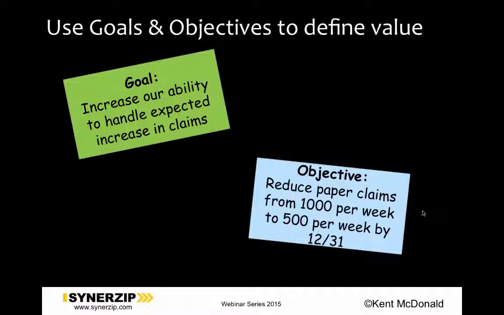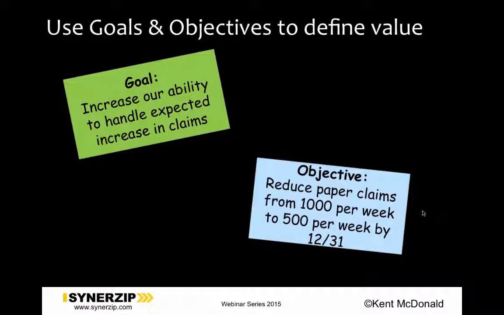In this particular case, it's reducing the number of paper claims per week from 1,000 to 500. Also notice I did a little bit of a project management trick, as I established a date without indicating the year. So if things go a little off the rails, you've never nailed down which December 31st you're going to get this done by. I'm kind of kidding there.